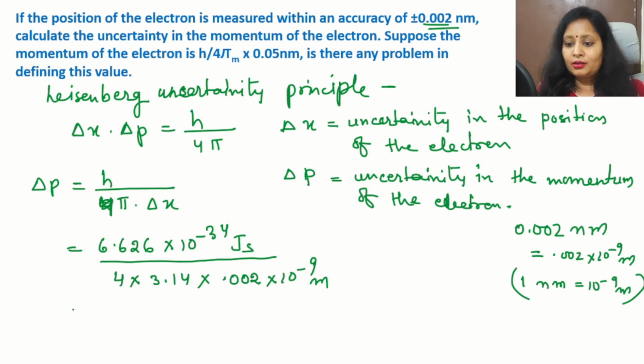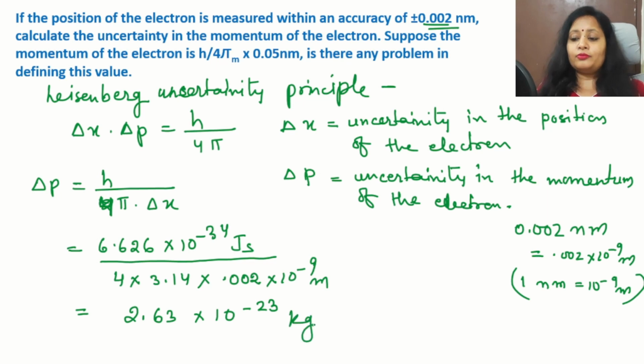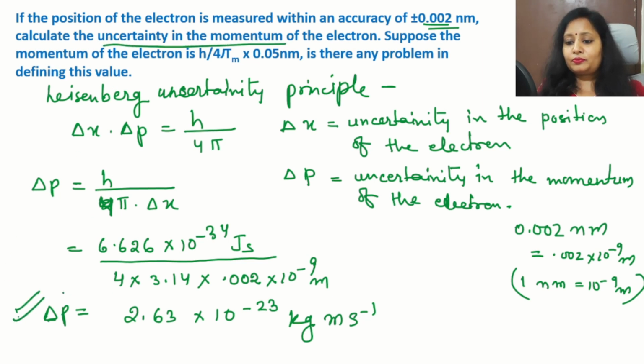From here we calculate and we find the value 2.63 into 10 to the power minus 23. Now the momentum unit is kilogram meter per second. So here we get the value of the uncertainty in the momentum.